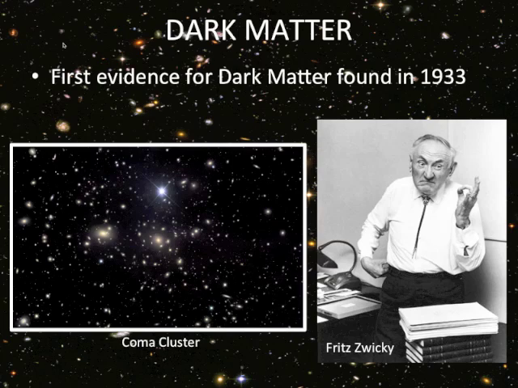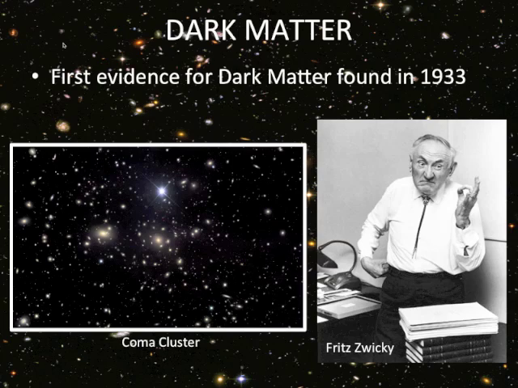So the more massive the cluster is, the faster the galaxies have to move in order to keep from falling into the center of the cluster, right? So what Fritz Zwicky realized is that I can take all these galaxies, I can measure how fast they're moving, and that should give me a rough estimate of how much mass there is in this whole cluster, right?